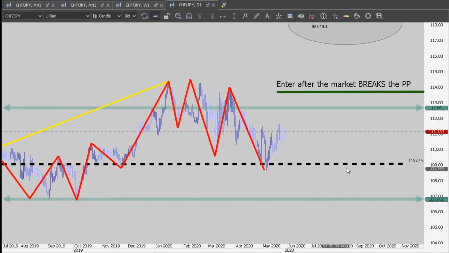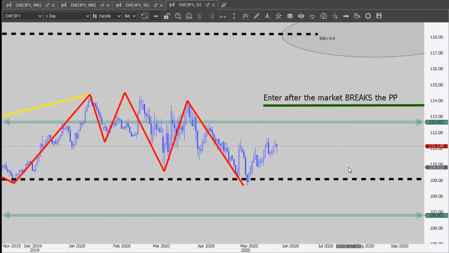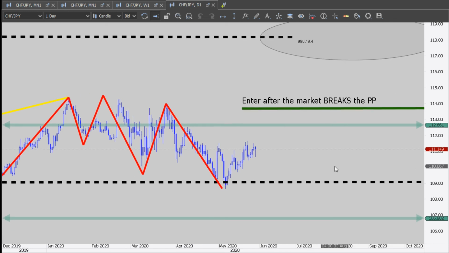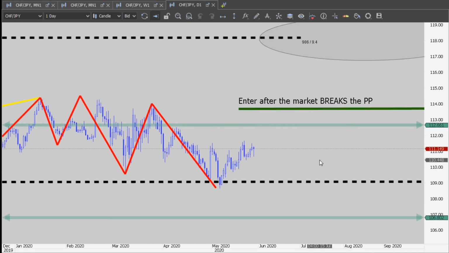So we have support, resistance, and the pivot points. Should we short the market or should we go long? What should we do? And when? Remember, everybody, there is no right or wrong.